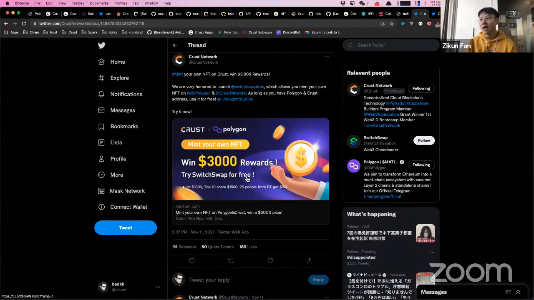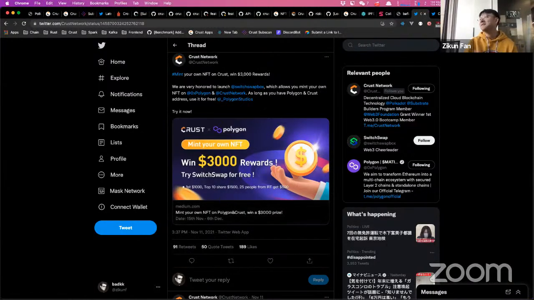So yeah, please join this activity, it's ongoing. I think it has already been open for one week. So if you are interested in minting some NFTs on your own with totally decentralized storage and with Polygon, you can just try this Switch Swap and trade it on this trader. So that is basically the first part and the second part.